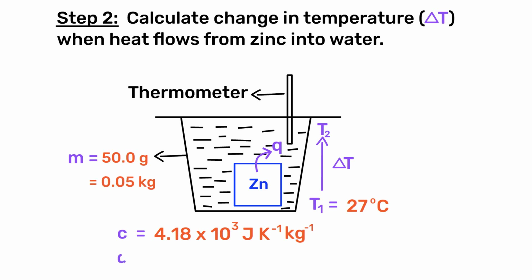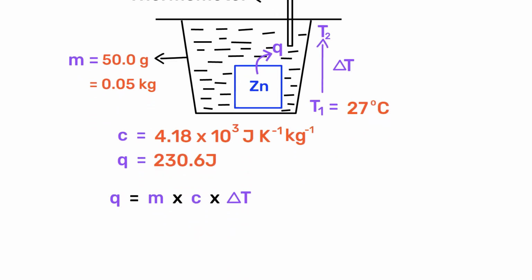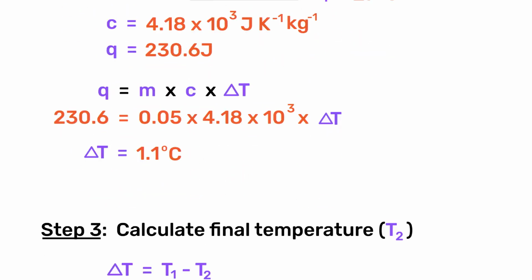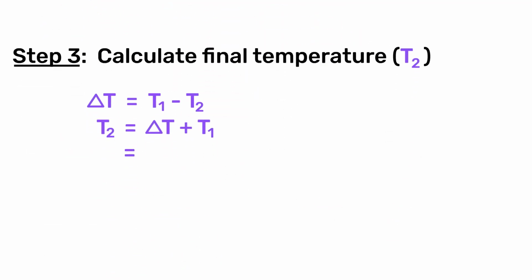And we already have the value of Q. We plug in the values and calculate for delta T, which is 1.1 degrees Celsius. And lastly, we can calculate the final temperature T2 by adding up delta T with T1. And the answer is 28.1 degrees Celsius.